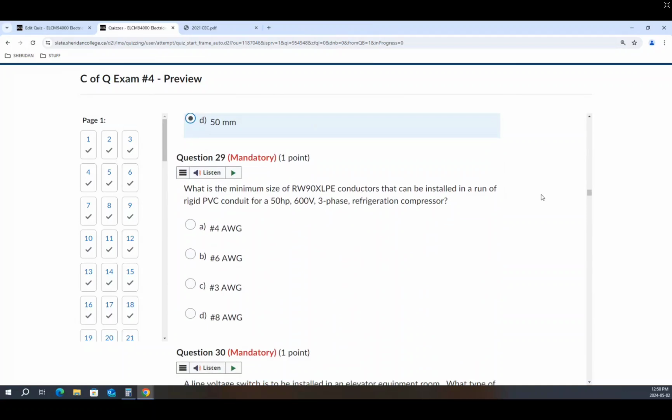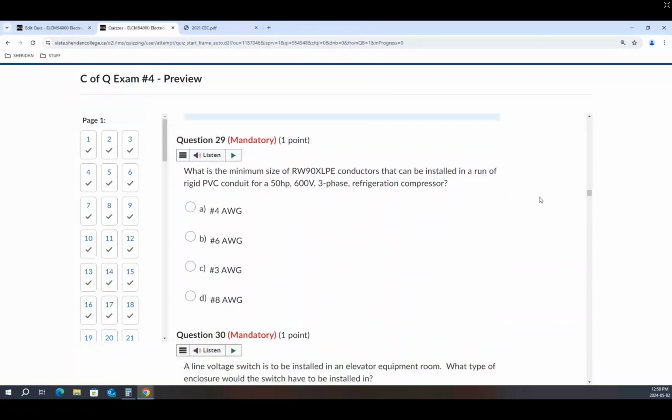Number 29. What's the minimum size of RW90 conductors that can be installed in a run of rigid PVC for a 50 horsepower, 600 volt, 3-phase refrigeration compressor? Again, this one's a calculation.